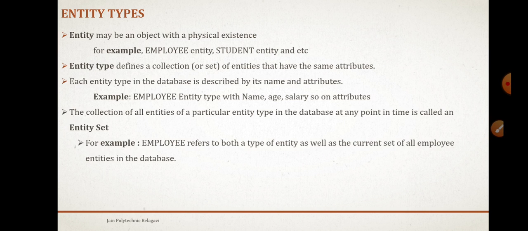An entity may be an object with a physical existence. An entity type defines a collection of entities that have the same attributes. Each entity type in the database is described by its name and attributes. The collection of all entities of a particular entity type in the database at any point in time is called an entity set.